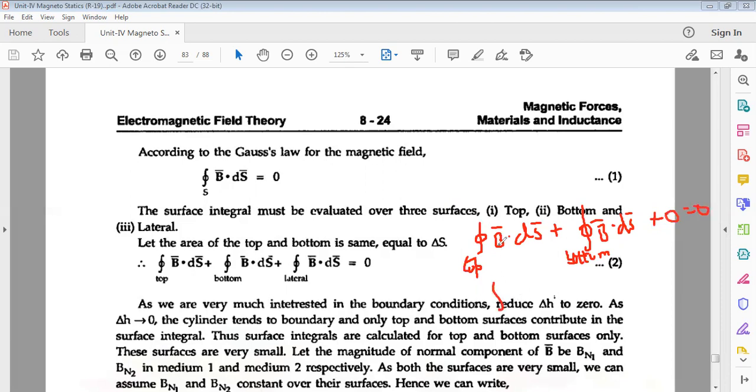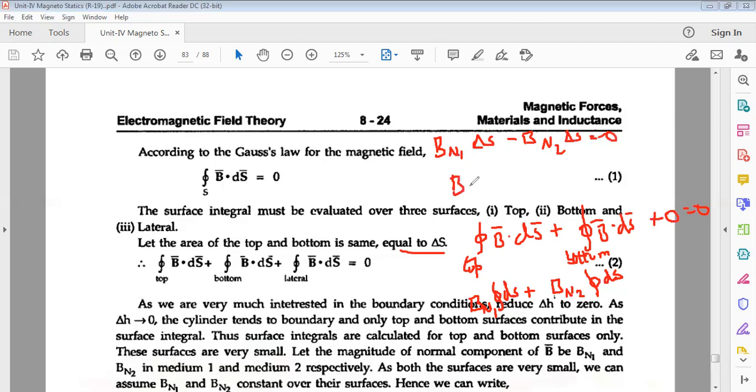In this integral, for the top, write B bar as the normal component BN1 in medium 1, integral ds, plus the bottom is BN2 because it is in medium 2, integral ds. The surface integral is considered equal to delta S. So BN1 delta S minus BN2 delta S is equal to 0.